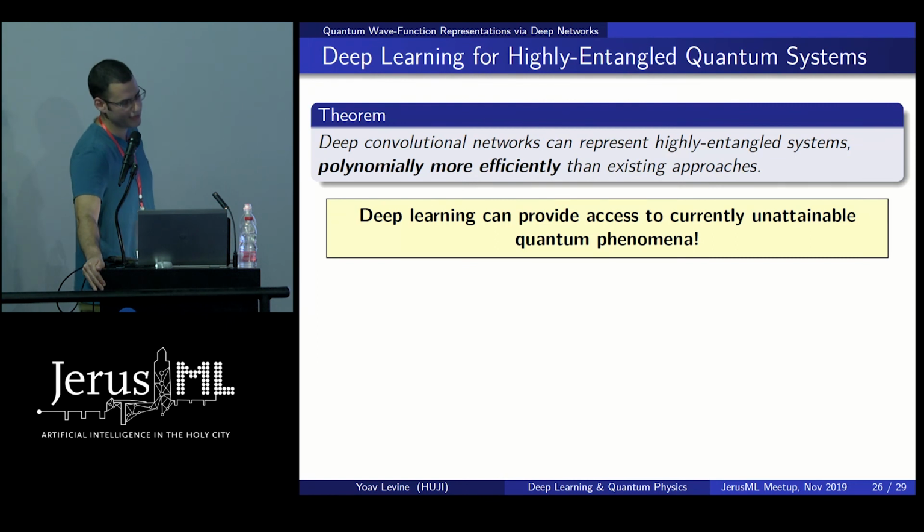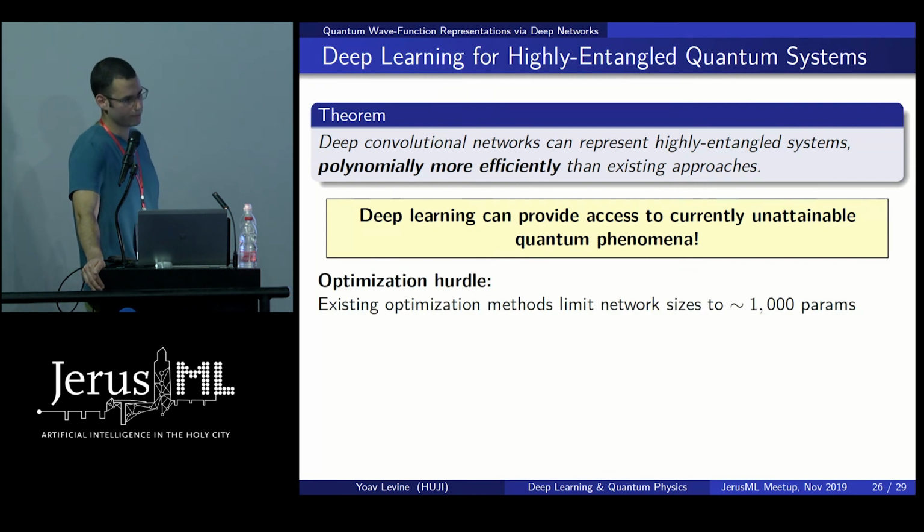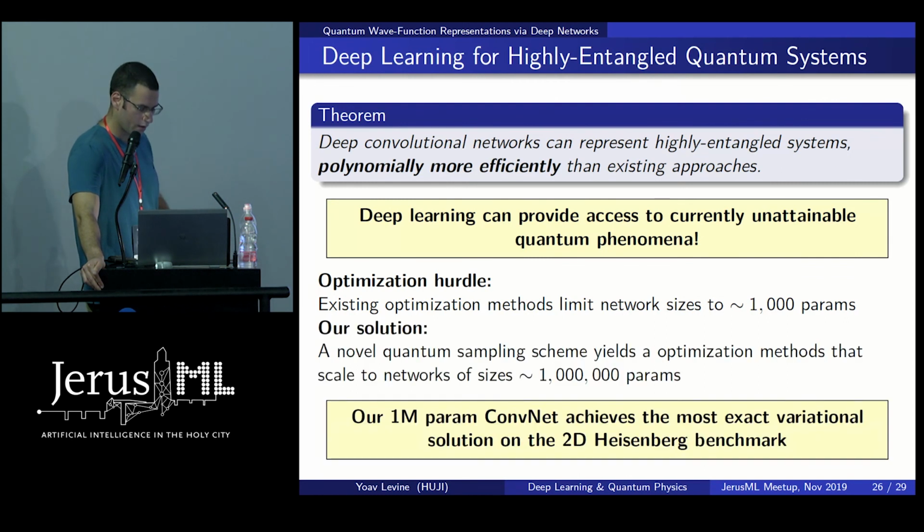We showed that deep learning has the potential to provide access to unattainable quantum phenomena. But when we tried to implement it, we saw that people in the field are aware of deep learning, but they face an optimization hurdle where their methods limit convolutional network sizes to ridiculous sizes. If it's more than 1,000 parameters, they can't really optimize their networks on the quantum problem.